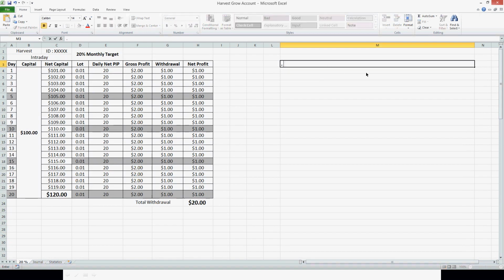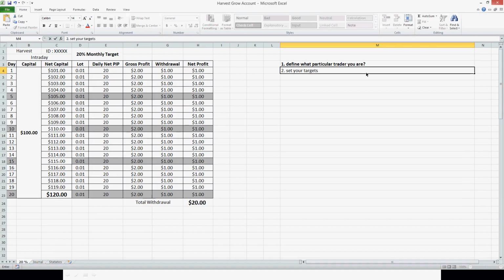First you have to define what particular trader you are. When you know what particular trader you are, then you can set your targets after that.